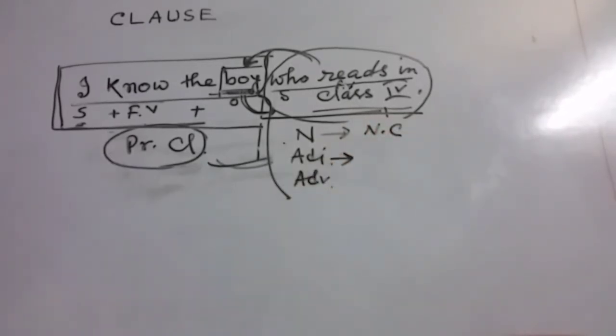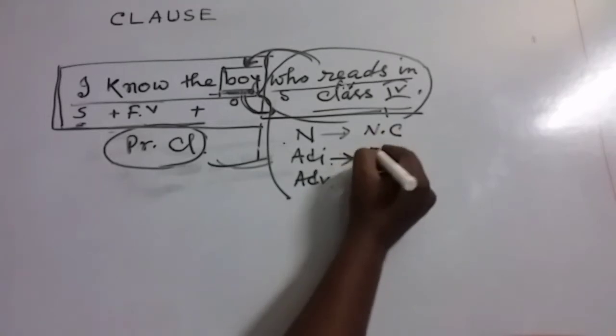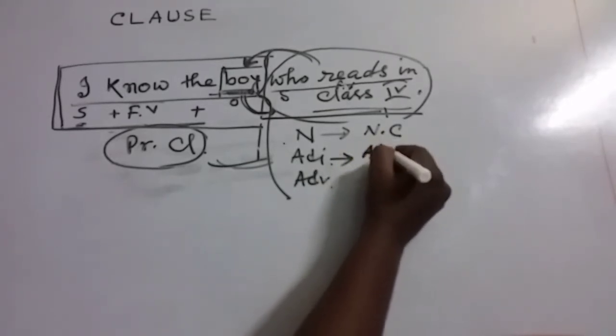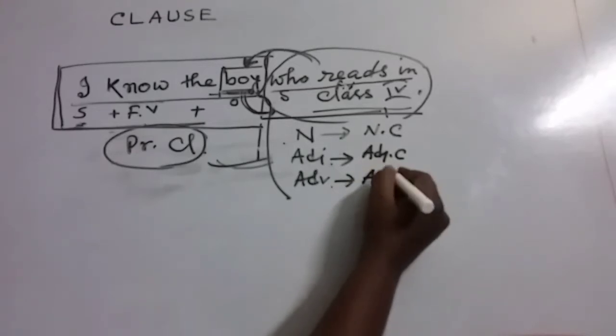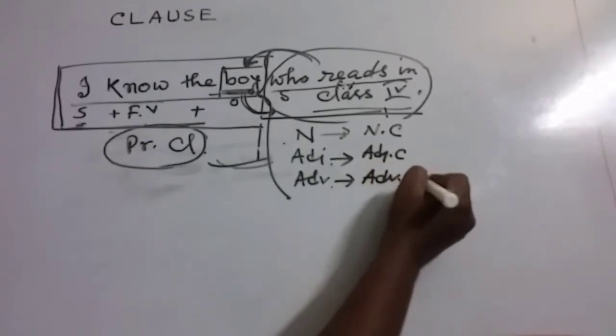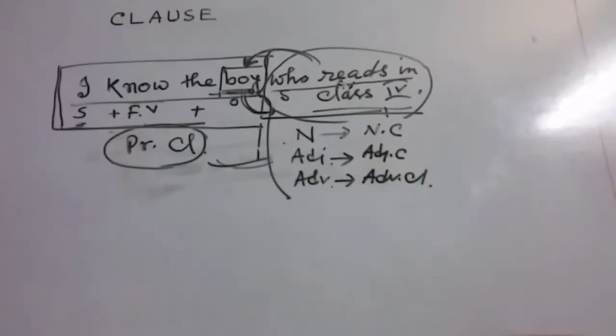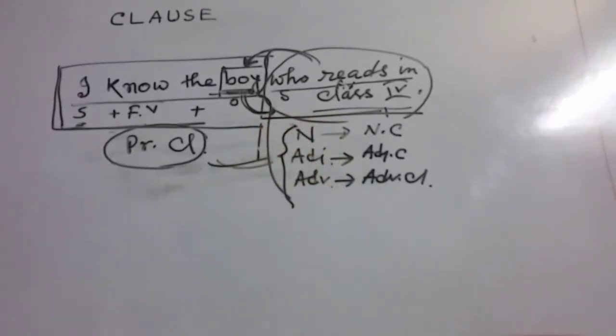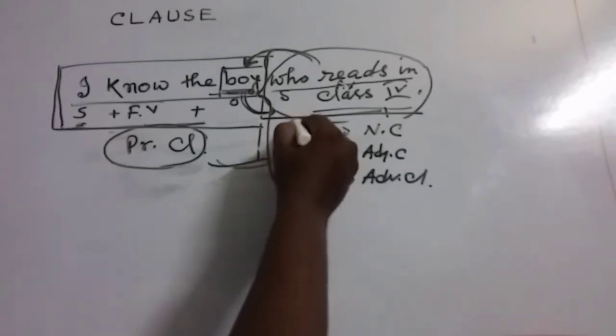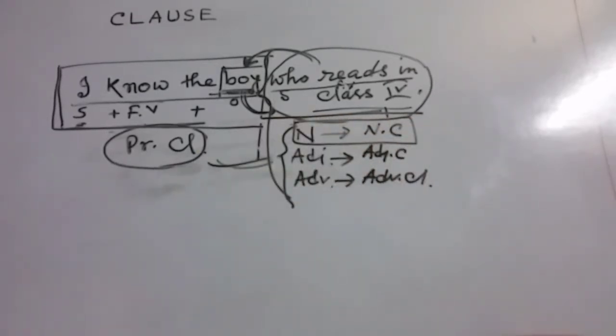Whenever this group of words acts like an adjective, it is called an adjective clause. And whenever it acts like an adverb, at that time it is called an adverb clause. Actually, these three are very important, and it's a vast topic. We'll discuss it separately. Dear friends, we have to know some other clause which is called the coordinating clause.